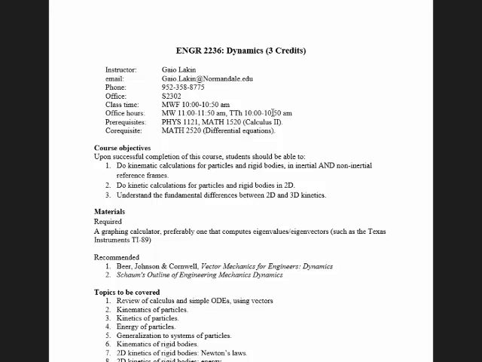And then the textbook. This is how I do all my classes, but it's unusual for people who haven't had my classes before. There's no textbook for this class. I would recommend getting a textbook as a reference for later on. The current versions are Beer, Johnson, and Cornwell, Vector Mechanics for Engineers.